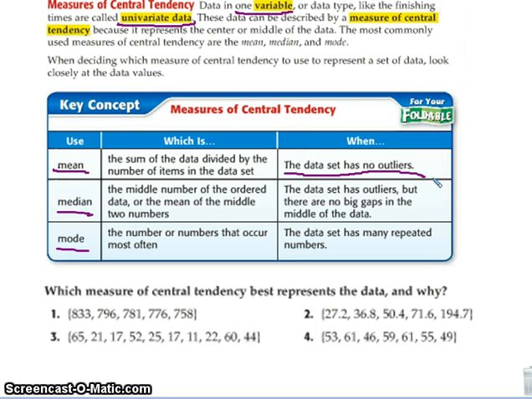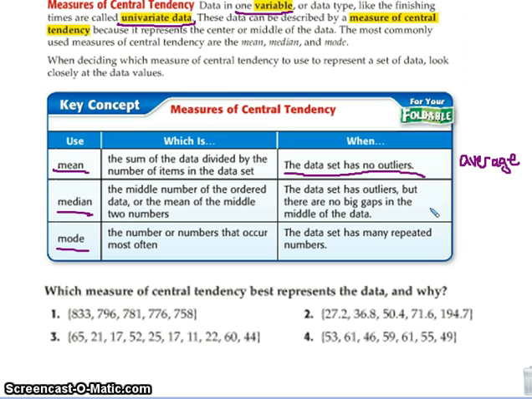When you did box and whiskers, sometimes we talked about outliers. If it wasn't within those percentages, then you had a number that could be an outlier. So mean is when you add everything up and you divide by the number of items. Everybody knows how to find the mean. Obviously, the other word for that is average. But it is used when there are no outliers.